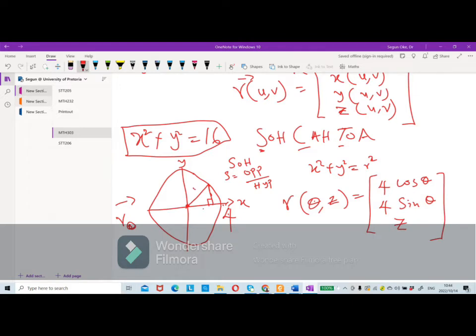This side. No, that is our radius, which is 4. This is our radius, which is 4, that we are dealing with. The opposite is the y axis. And this x axis is what? The adjacent, sir. Adjacent.